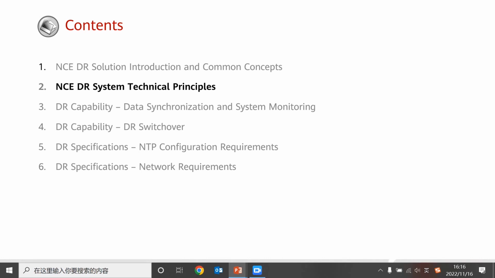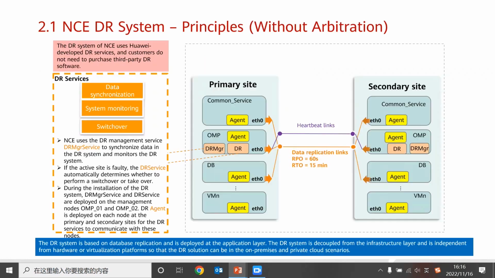So after we have gone through the introduction and common concepts, let's get into the technical principles. Basically, technical terms just mean which node connects to which link, and how everything is achieved in the DR system.